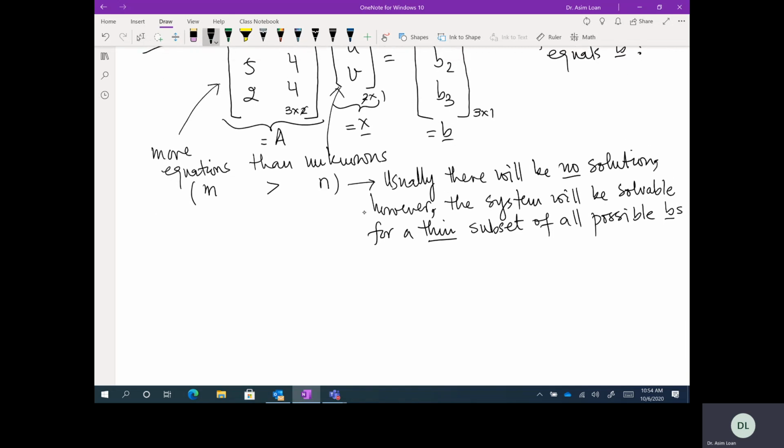And what does this mean? This simply means AX equals B is solvable. And this is what I want you to take from today's lecture.